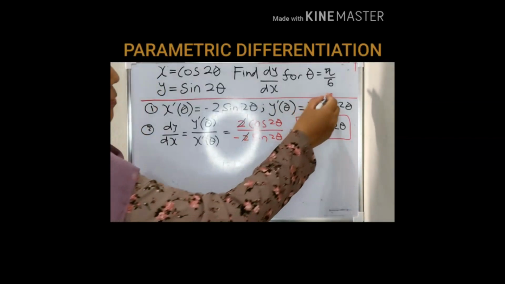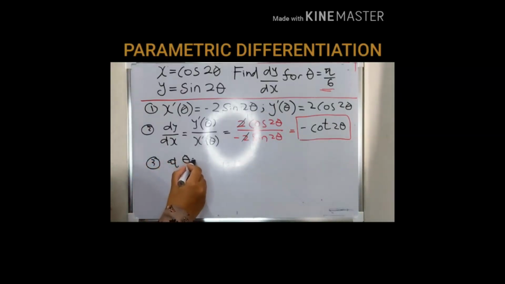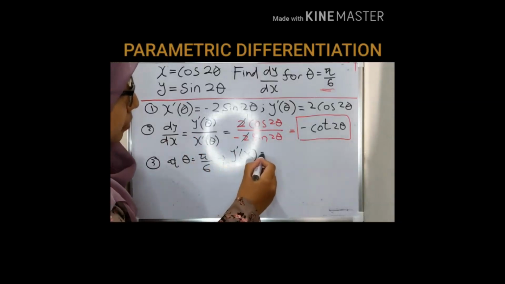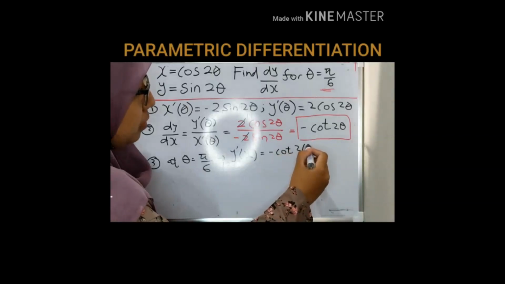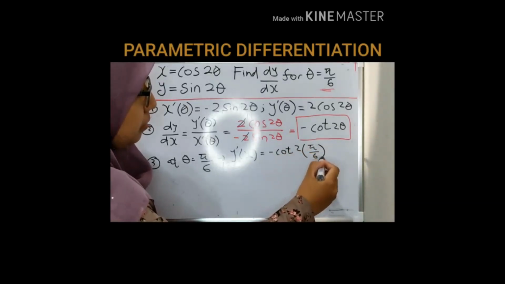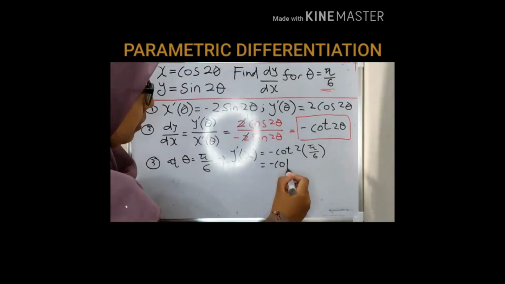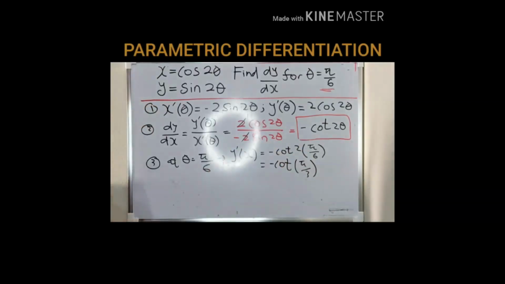But now you are given the value of your theta. Therefore, at theta equal to pi over 6, we have y prime x equal to negative cotangent of 2 theta, which is negative cotangent of pi over 3.